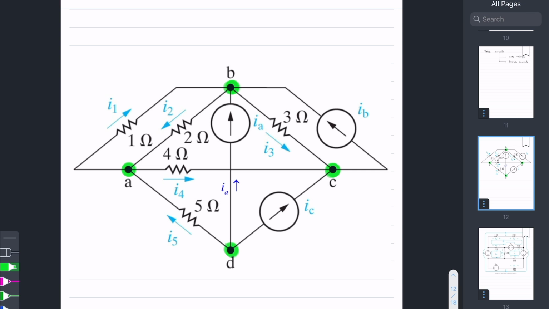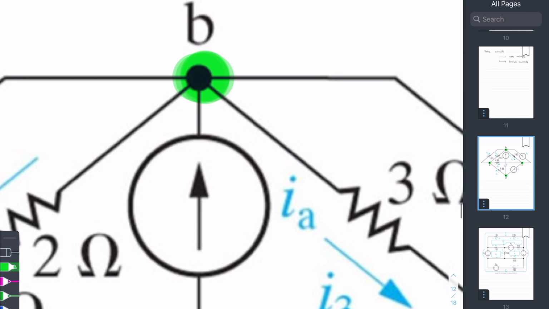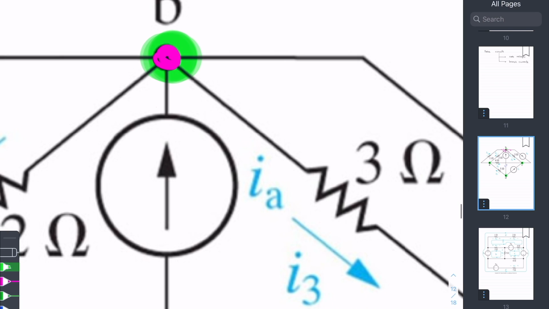I highlighted the nodes. A node is simply a connection point where more than one connection is made. Okay, that's a node right there because there are 1, 2, 3, 4, 5 branches coming out of it, 5 devices connected to that. Okay, that's a node.